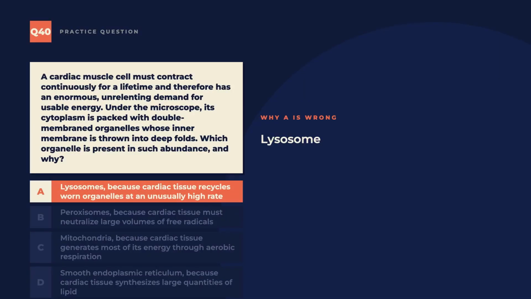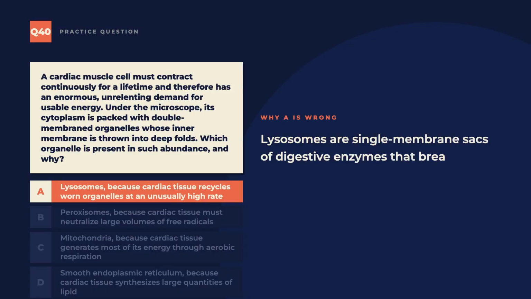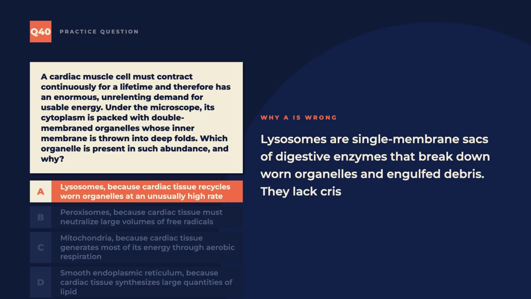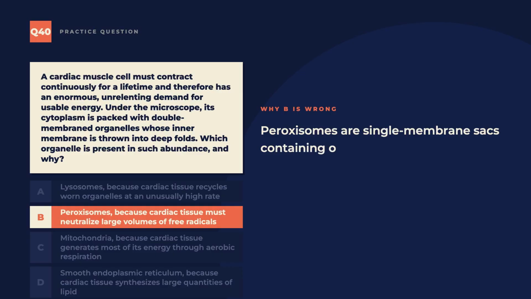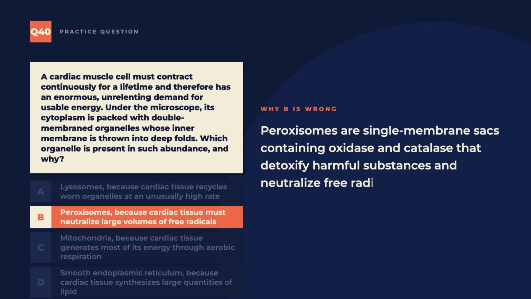A is wrong because lysosomes are single membrane sacs of digestive enzymes that break down worn organelles and engulfed debris. They lack cristae and are not the site of energy production. B is wrong because peroxisomes are single membrane sacs containing oxidase and catalase that detoxify harmful substances and neutralize free radicals.